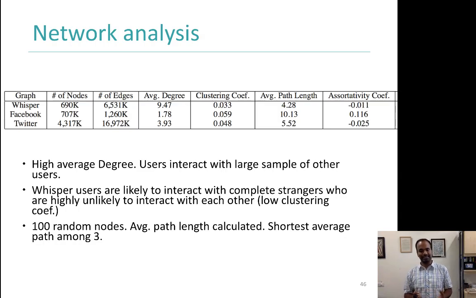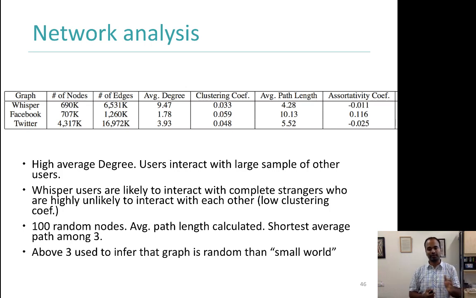So this just says that the average path length in the Whisper graph is actually the lowest.